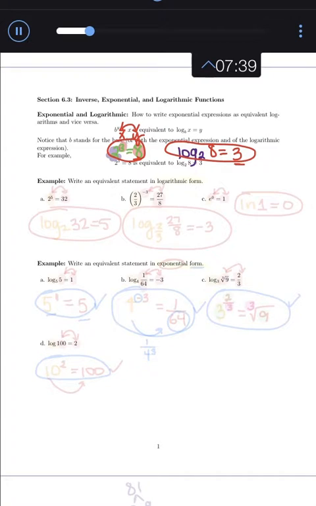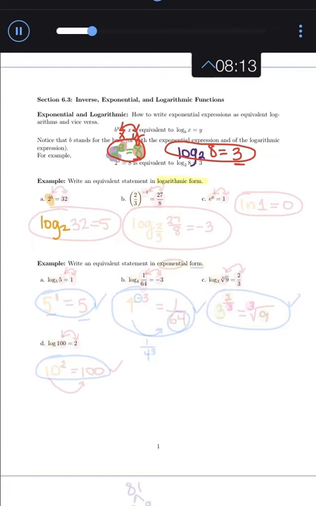Let's look at A. On A, we have 2 to the 5th equals 32, which we know is a true statement. We want to write the same statement, but in logarithmic form. That means I need to use my properties of inverses. If we have an exponential whose base is 2, it's going to turn into, when we use our inverses, a logarithm base 2.